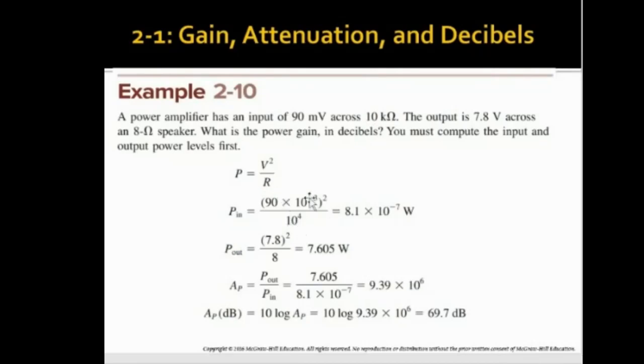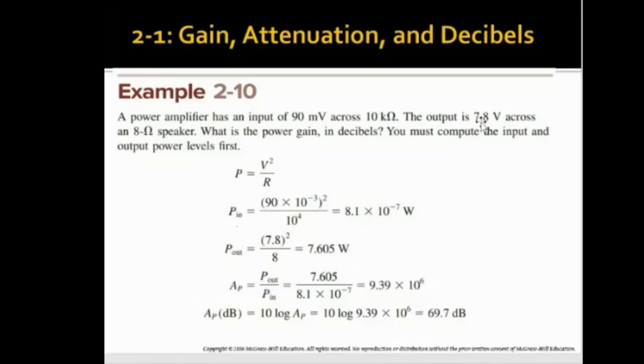So we have 8.1, which comes from 90 squared, times 10 to the power of minus 7 watts. So this is P in, in watts.